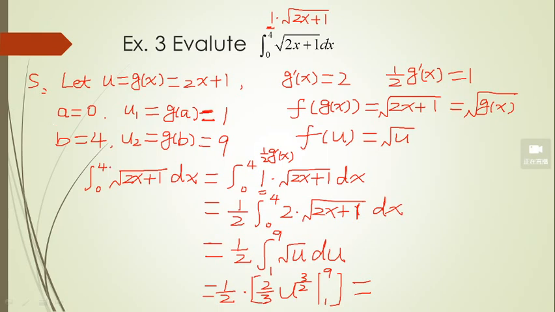So here 1/2 times 2/3, which is 1/3, and inside is u when u is 9, to the 3/2, which means take the square root and cube it, minus when u is 1, the same. So that will be 3 cubed, 27, minus 1, 26 over 3. So that is example 3.